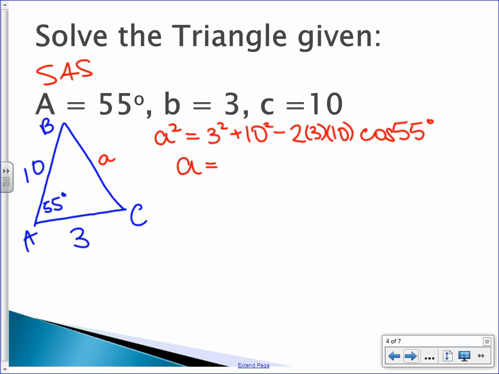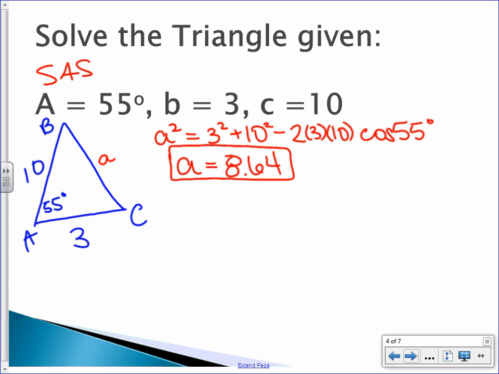What do we get? That's all we had to do. Well, we have to solve the entire triangle. Okay? So now, what do we need to do? You can switch to the law of sines, or you could continue with the law of cosines.